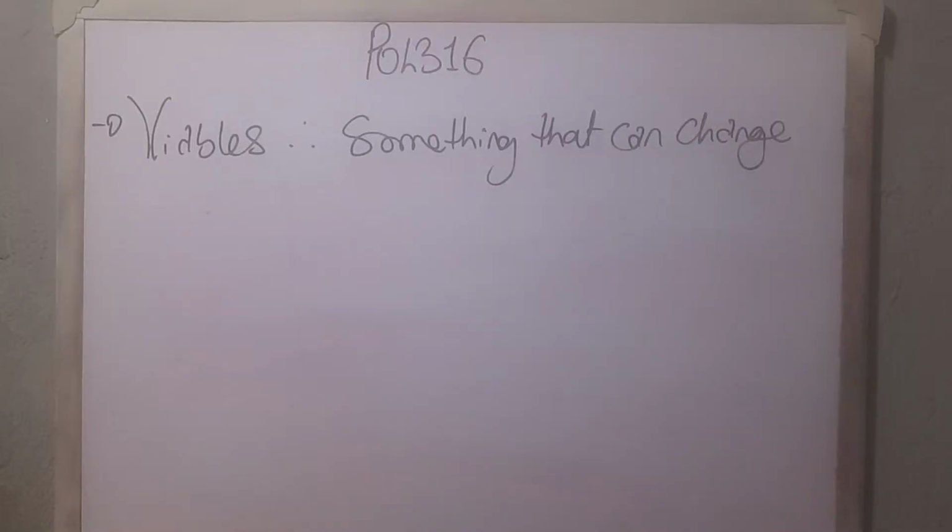Now let's take a step further. Variables have certain characteristics. Some of these are that there is a period. Variable is periodic. One of the characteristics of variable is that it is periodic. There's a starting point and there's an ending point.